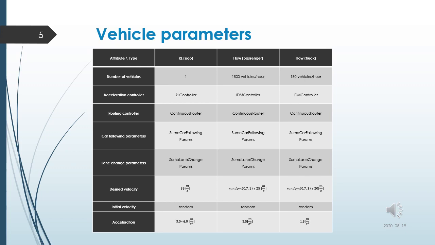For example, the desired velocity of Ego was a fixed value, 35 meters per second, but the desired speed of Flow vehicles was generated randomly within a range. In the last days, we updated the simulation with new parameters to make it more colorful and diverse. The Flow passenger vehicles class was divided into three subclasses: sedans, wagons, and motorcycles.